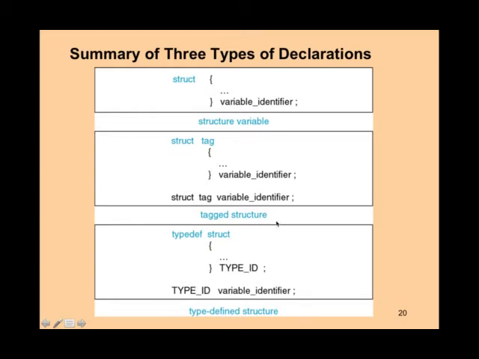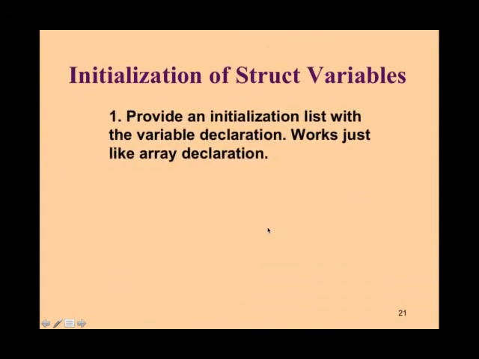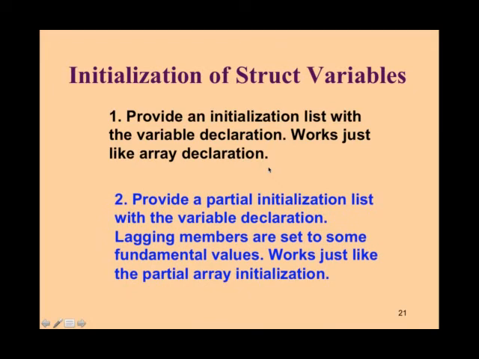Now we can initialize struct variables with an initialization list. So first is to provide an initialization list with the variable declaration. It works just like array declaration. You can provide a partial initialization also with the variable declaration.